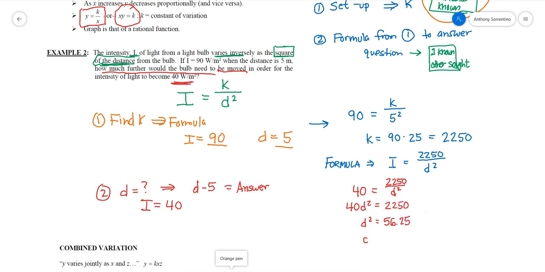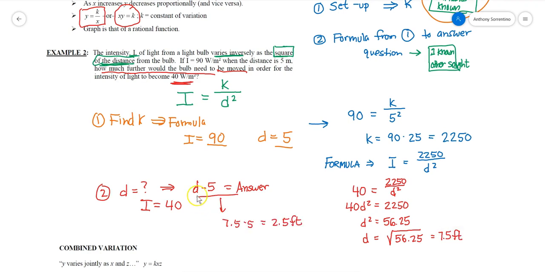I'm going to square root both sides. Since a negative would cause me to have negative distances and negative intensities, I know that doesn't make any sense, so I can exclude the plus or minus symbol here. So I would need to take 56.25 and square root it, and that gives me 7.5 feet. Then, since the answer I'm looking for is actually that distance minus 5, that's 2.5 feet. So that's how much further I have to move the bulb.